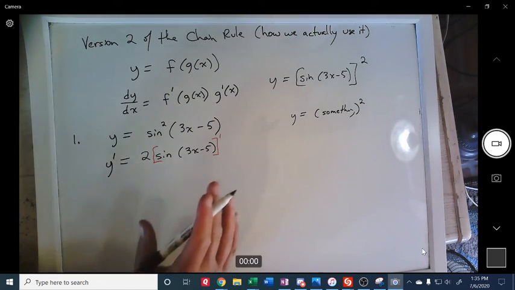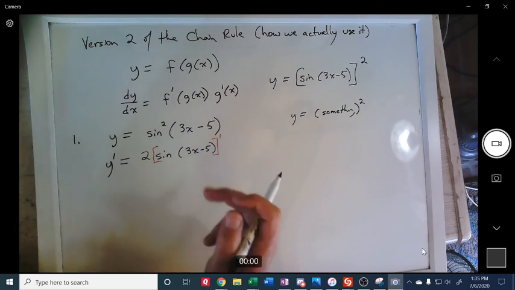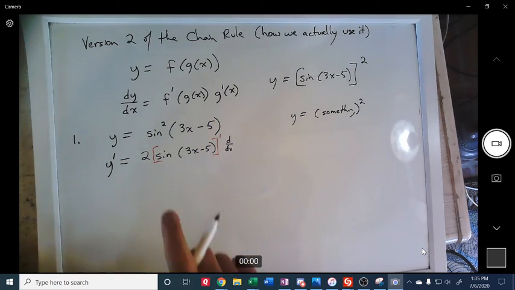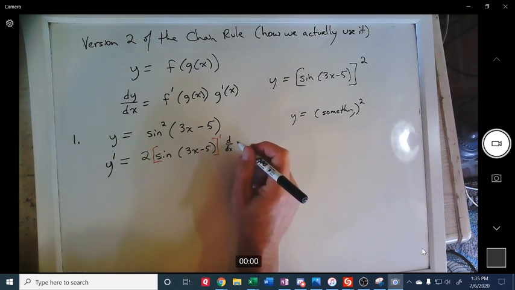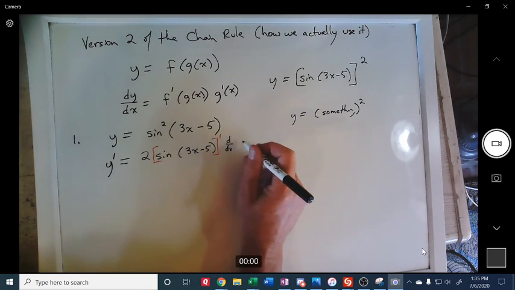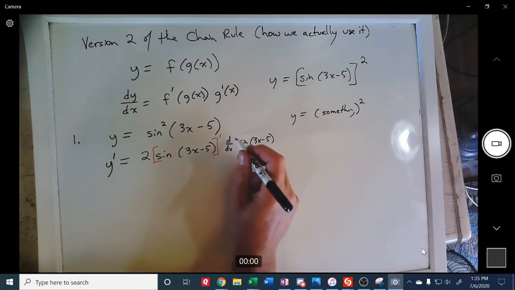And that's 2 times that to the first, and then that 1 could have also been placed there. And then times the derivative of everything else except the outermost function. So, common mistake is to put something like 3x minus 5. No, it's the sine of 3x minus 5, because everything else has got to be there.